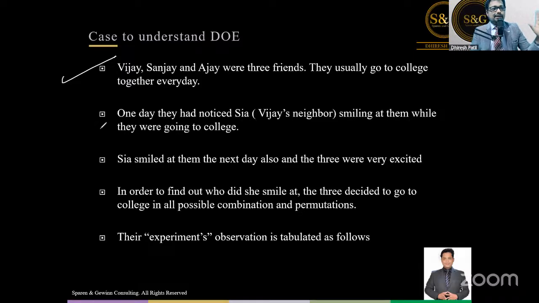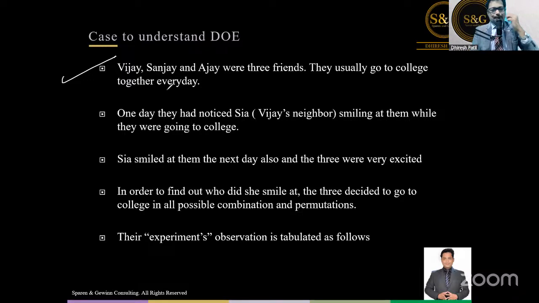Just give me in the chat box. If you remember Jo Jeeta Wahi Sikandar, one of the very old Aamir Khan movies. 3 Idiots is a slightly different kind of movie. So Jo Jeeta Wahi Sikandar would be a better match for this. Very good, some of you remember, very nice.